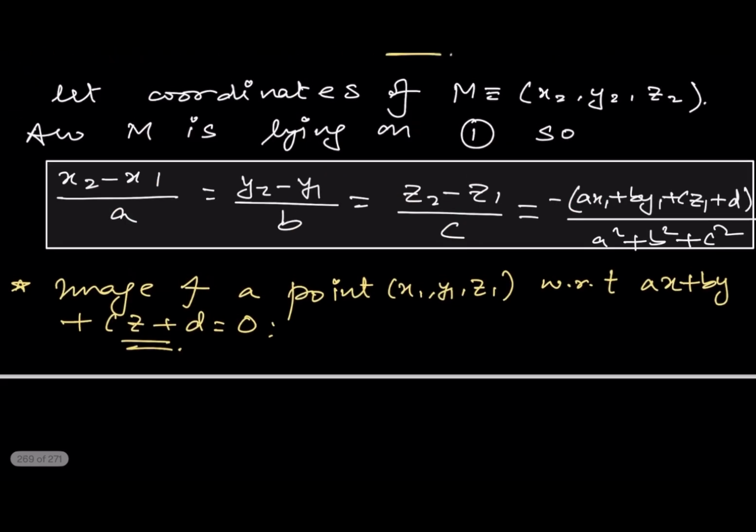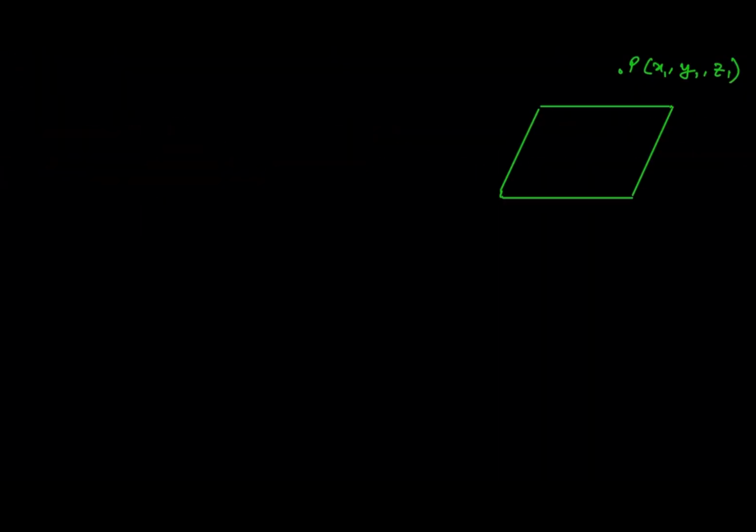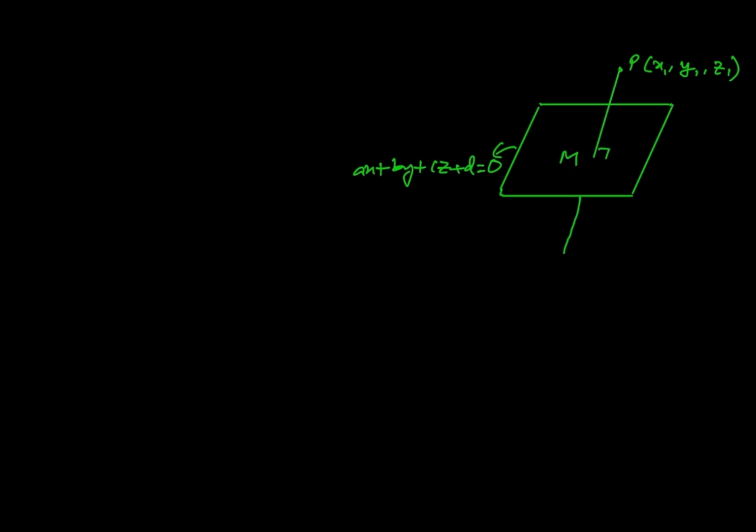So this is the given point and this is the plane ax plus by plus cz plus t is equal to 0, and we want the image of P with respect to this plane. Say this image is Q having coordinates x3, y3, z3. The coordinates of M are x2, y2, z2.